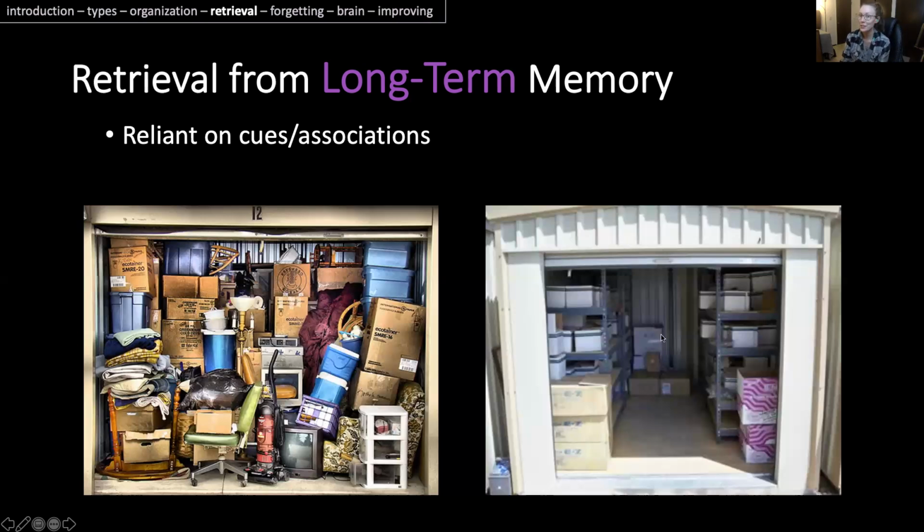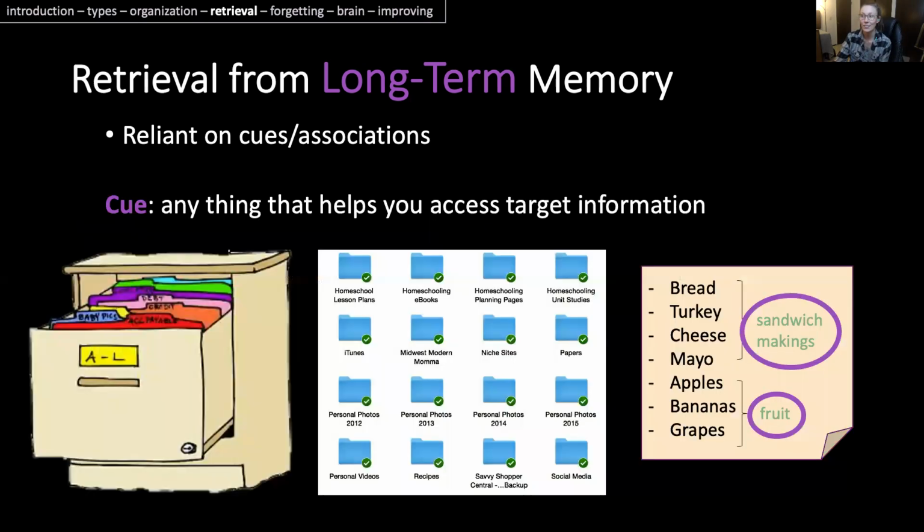Now, there are several things that we can do to better organize our long-term memory and help us retrieve that information more efficiently. And one of those things is using cues. So a cue is anything that helps you access target information. You can think of cues kind of like labels in a filing cabinet, like short words that help you know what's in that folder.